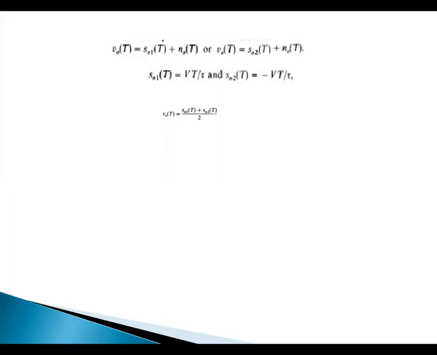So gamma should be maximized when the difference is maximum or sigma naught is smaller. Gamma is directly proportional to the difference of the signal outputs and inversely proportional to sigma naught. So gamma is the optimum filter ratio.